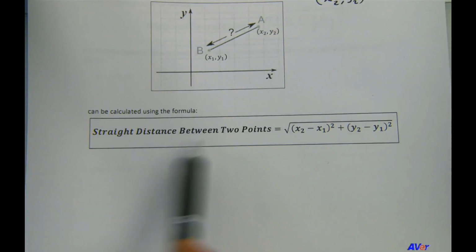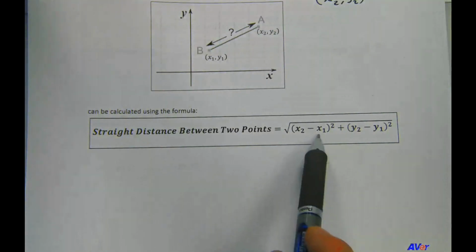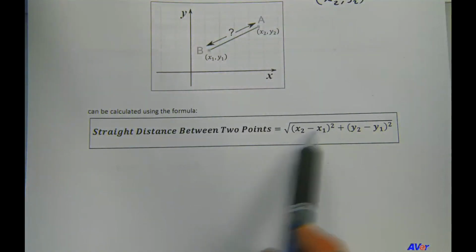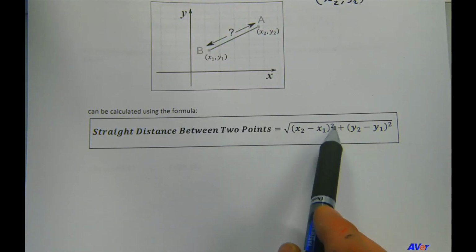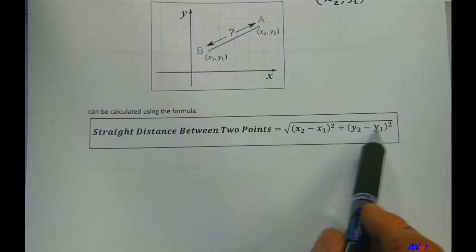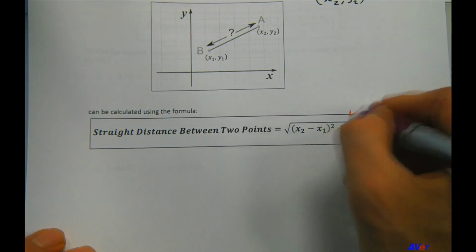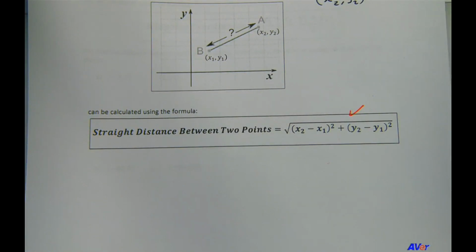So for the straight distance between 2 points, you take the difference between the x components of the 2 points and you square that difference. Then you add that to the difference between the y components squared. Okay, so please make sure that you remember this distance formula.